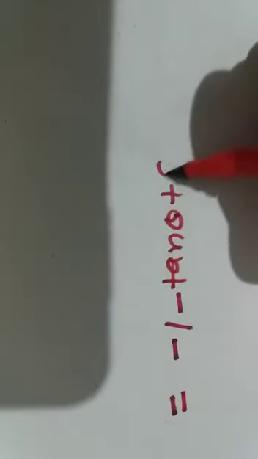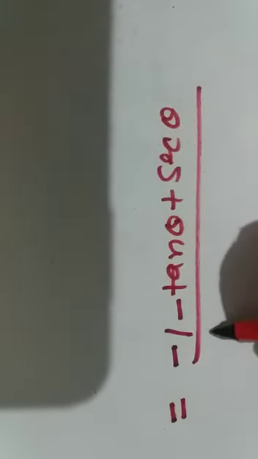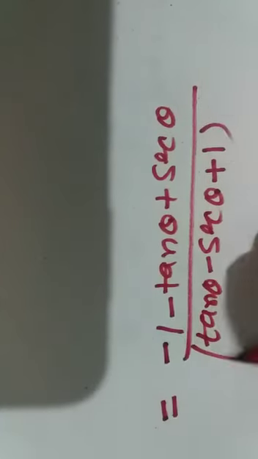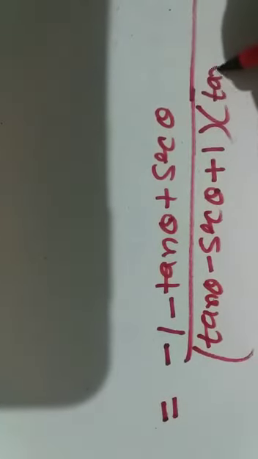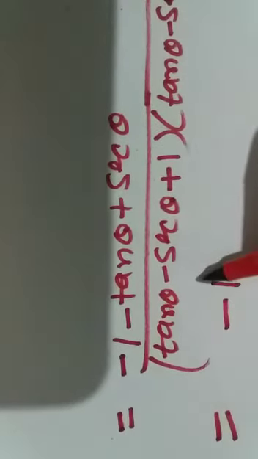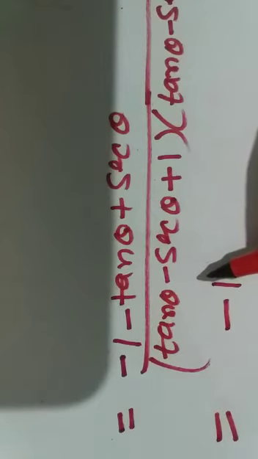This is minus 1 minus tan theta plus sec theta, and in the denominator we will write tan theta minus sec theta plus 1, and the other one is tan theta minus sec theta. This we want. So here if we take minus 1 common and change the sign, this gets cancelled. Is that okay?